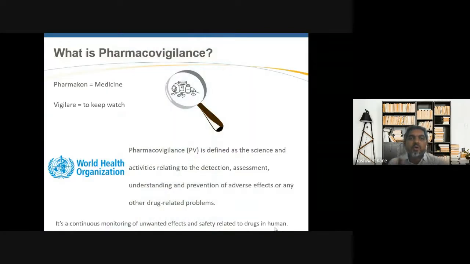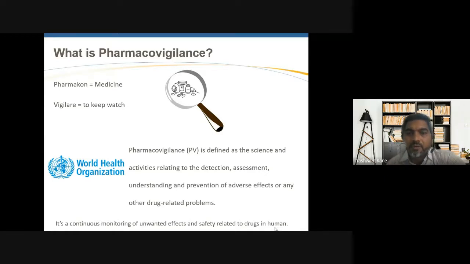Okay, so what do we mean by pharmacovigilance? Pharmacovigilance is a Greek word which can be split into pharmakon and vigilare. Pharmakon, a medicine, vigilare, to keep a watch on. So we are keeping watch on all the activities of the medicine. Pharmacovigilance is defined as the science and activities relating to detection, assessment, understanding, and prevention.